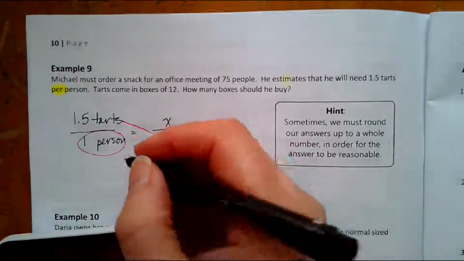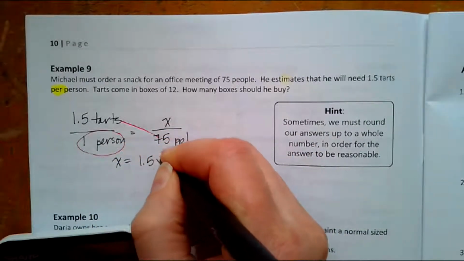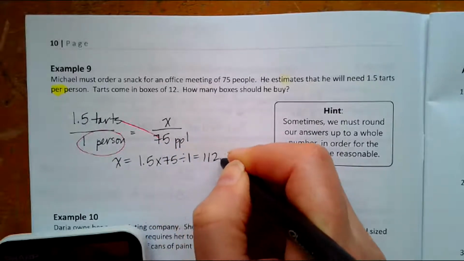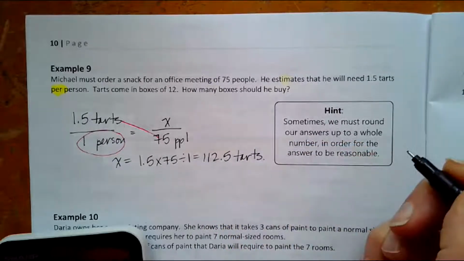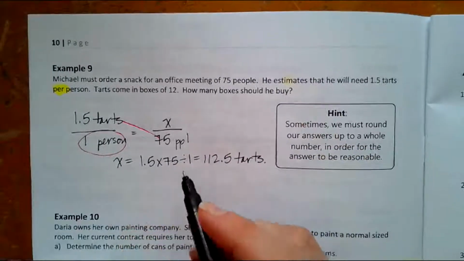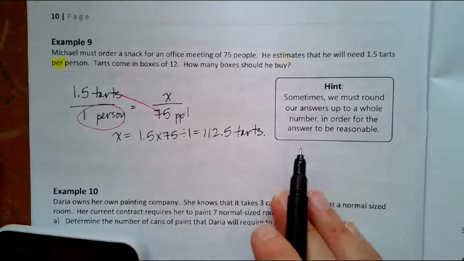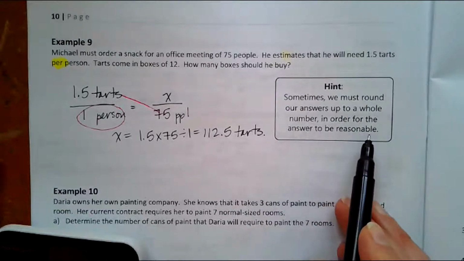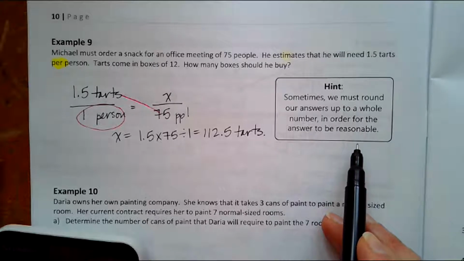So he needs X equals 1.5 times 75 divided by 1. 112.5 tarts. That's pretty funny, right? All right. Now the problem is they come in boxes of 12. So it says, hint, sometimes we must round our answers up to a whole number in order for the answer to be reasonable. That is true.